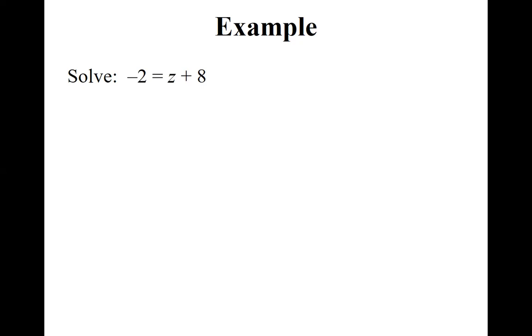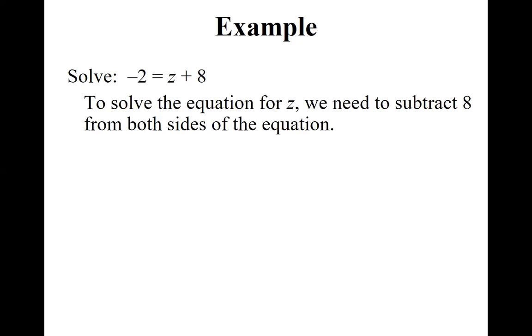To get the z by itself, we want to get rid of plus 8. We undo plus 8 with minus 8. So we need to subtract 8 from both sides. Negative 2 minus 8 equals z plus 8 minus 8. Negative 2 minus 8 is negative 10. Plus 8 minus 8, those cancel away. Number plus its opposite.